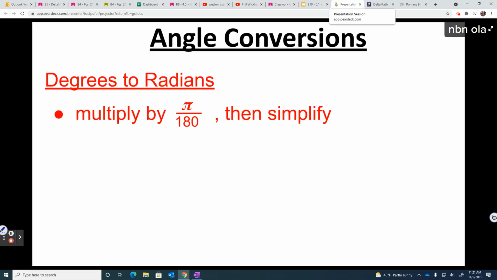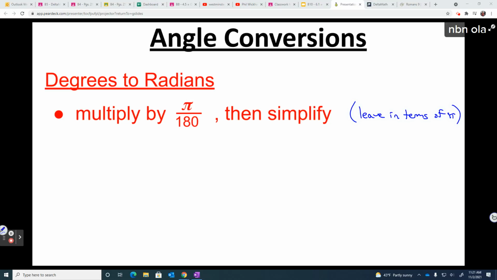When we do this, we're actually just going to leave pi as pi. We're going to leave it in terms of pi. I'll explain to you what that means. We're going to always leave our answer in terms of pi.